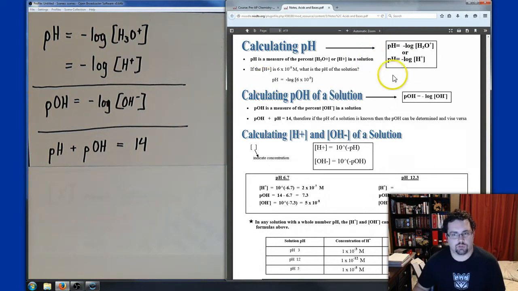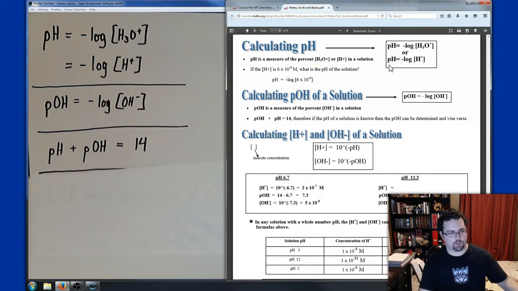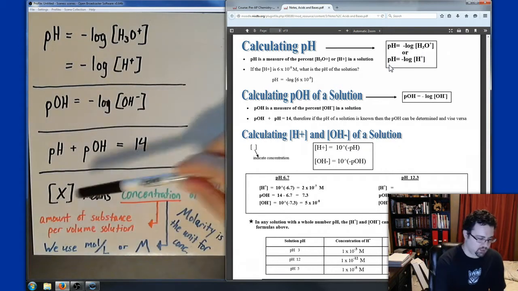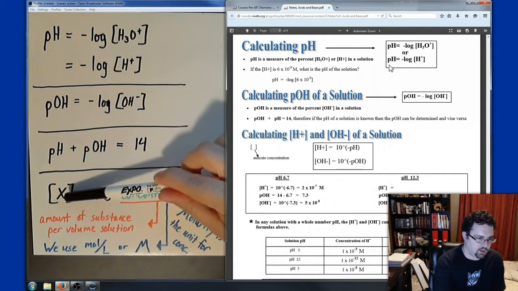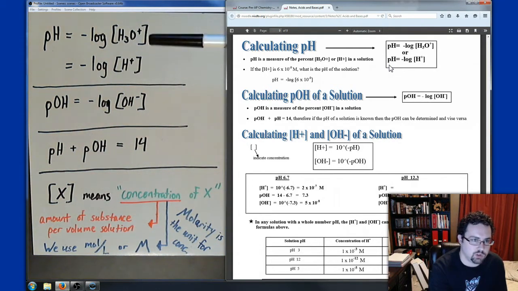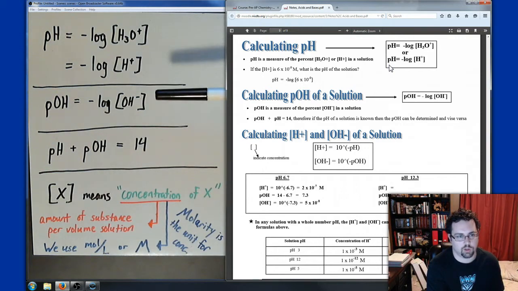So you need the hydronium ion concentration. Okay? That concentration is going to be molarity. In case you're forgetting what concentration means, whenever you have a box like that with something inside it, that means concentration of whatever's inside there. So like here means concentration of hydronium ion, here means the concentration of hydrogen ion, here means concentration of hydroxide, OH minus.